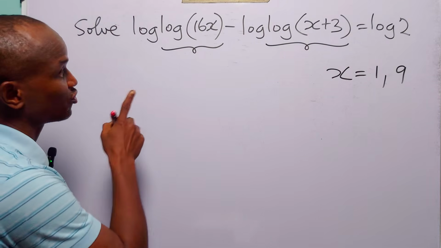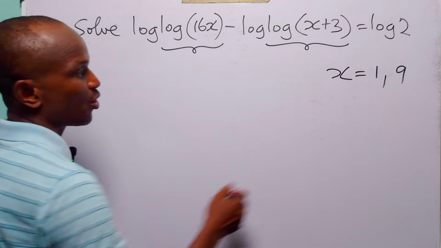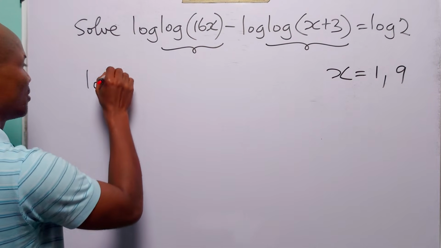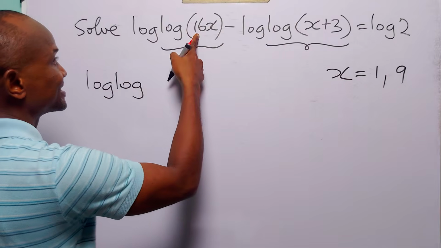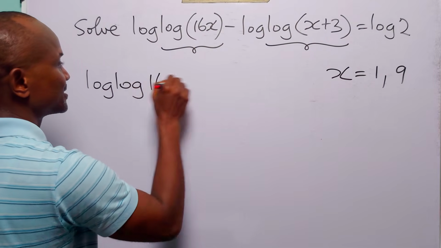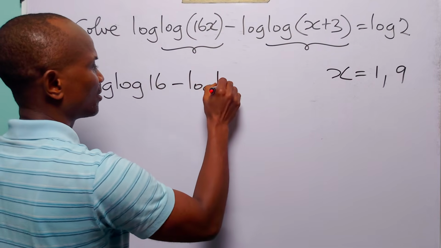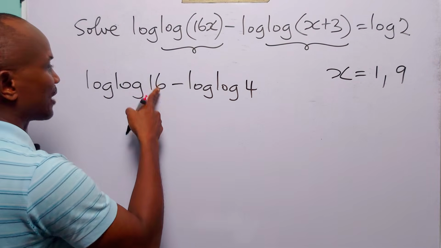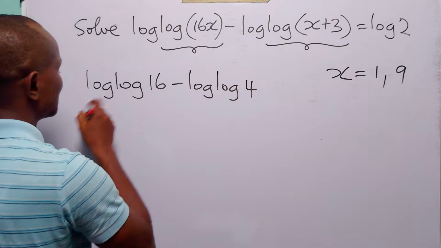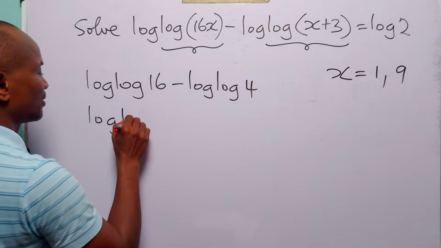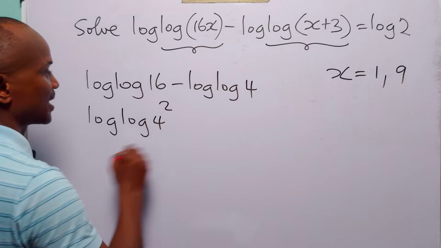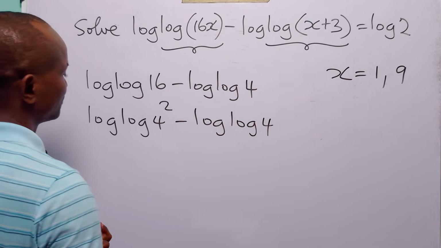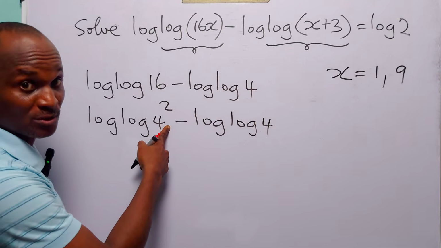Now to check our answer, let us go back to the original equation. When x is equal to 1, on the left-hand side we have log of log 16 times 1, which is 16, minus log of log 1 plus 3, which is 4. Now you know that 16 is 4 squared. So we have log of log 4 squared minus log of log 4. Now we can apply the power rule to this.